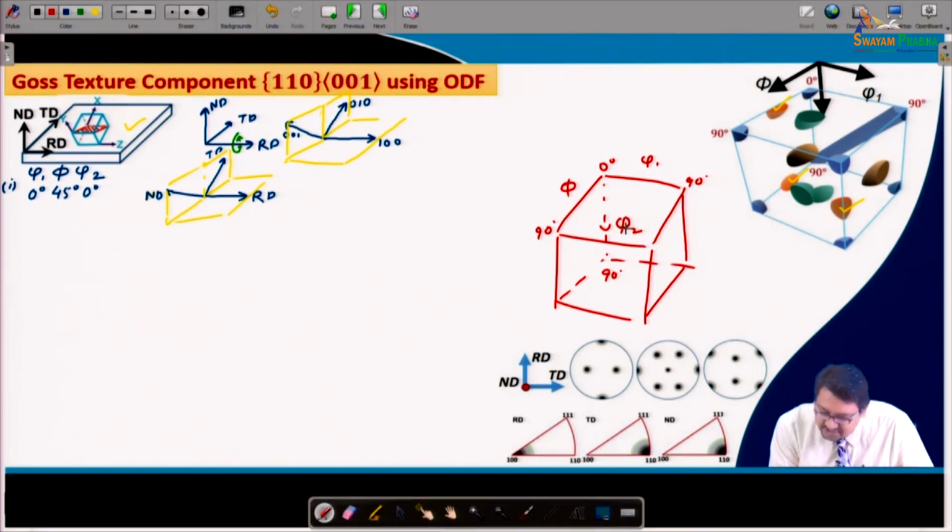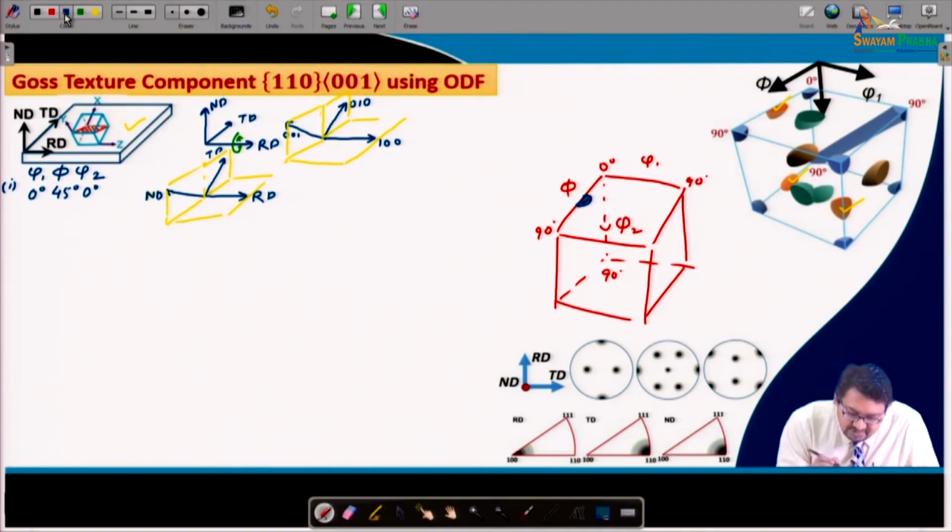So, you see the position can be traced for the Gauss texture component, and that is basically 0 45 and 0. So, 0 along phi 1 and 45 along phi and 0 along phi 2. So, the position is basically this one, right.